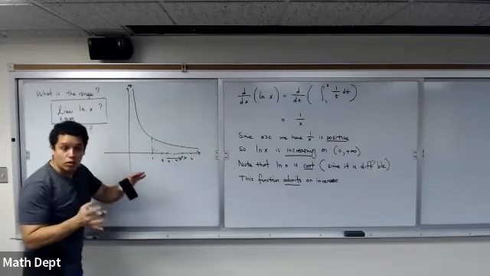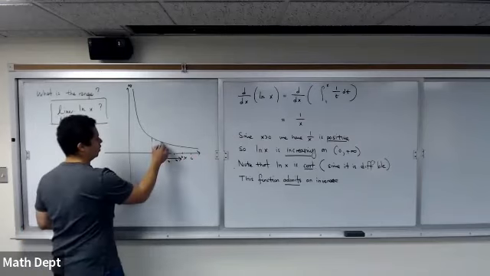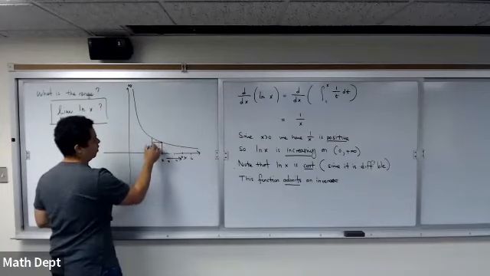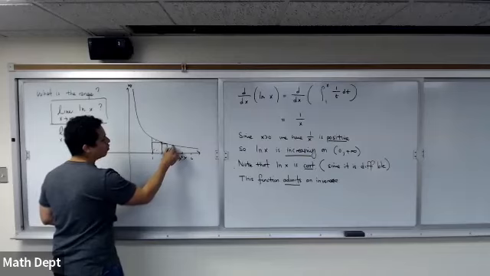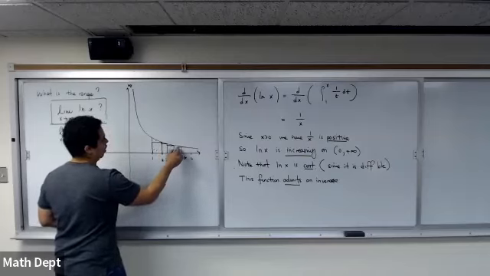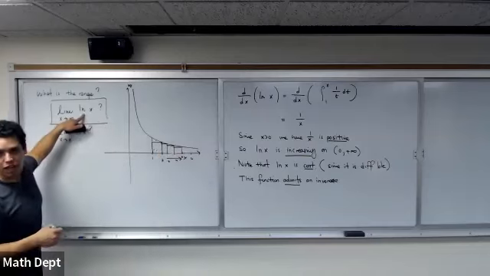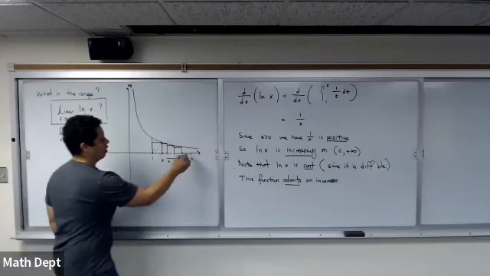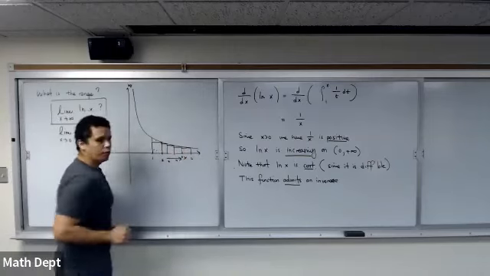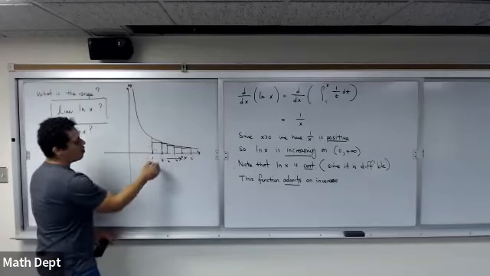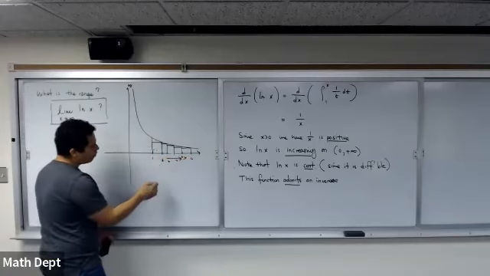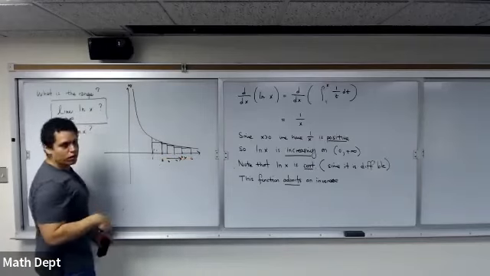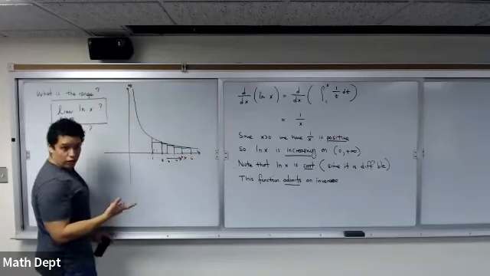And then I'm going to introduce some rectangles, rectangles that will allow me to bound the limit that I'm indicating here. Now, we examine this. The base of each of these rectangles that I'm defining is 1. So the only thing that I have to care about is the height of each of them.